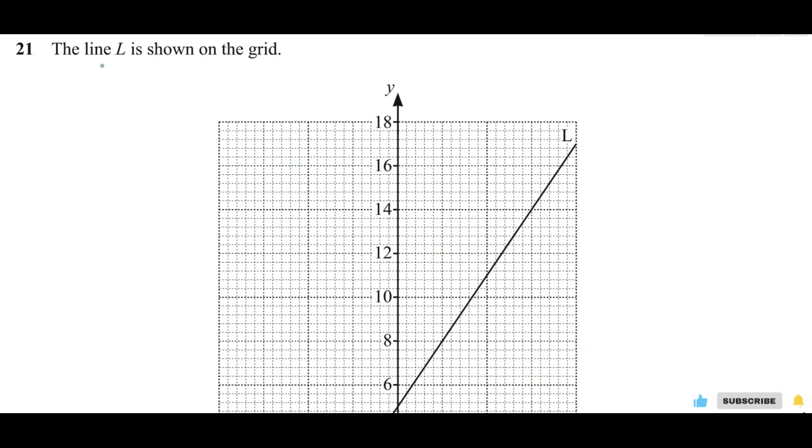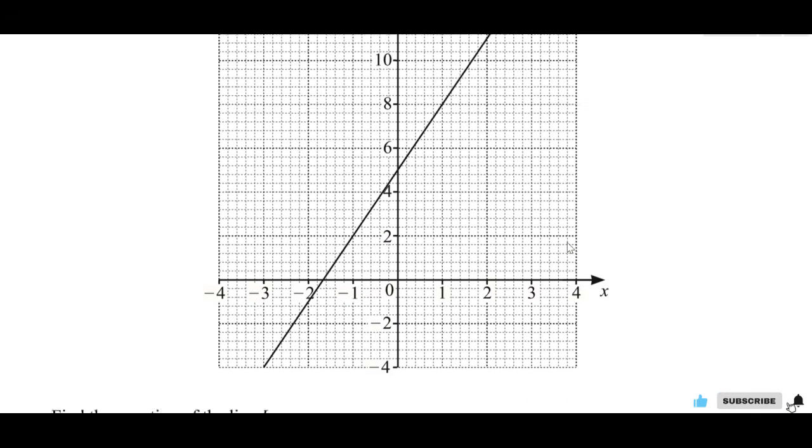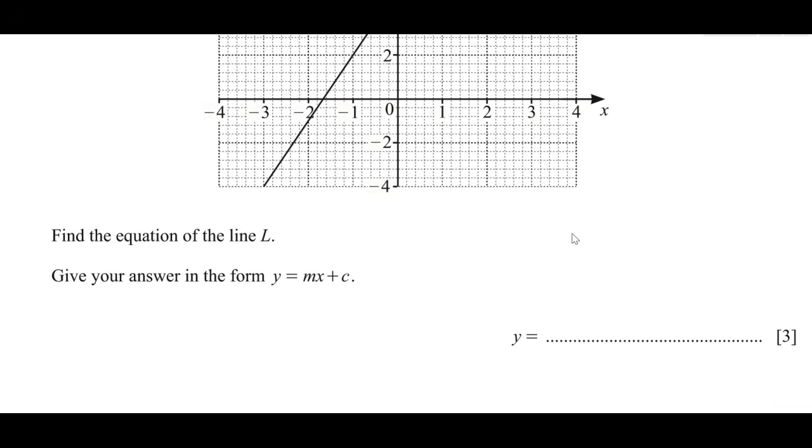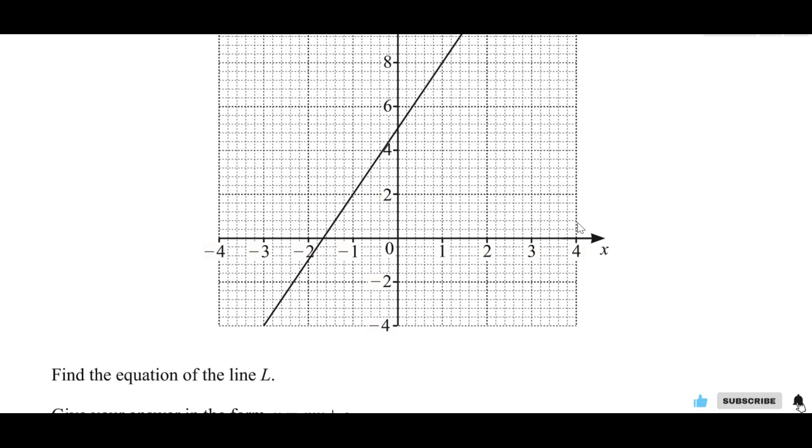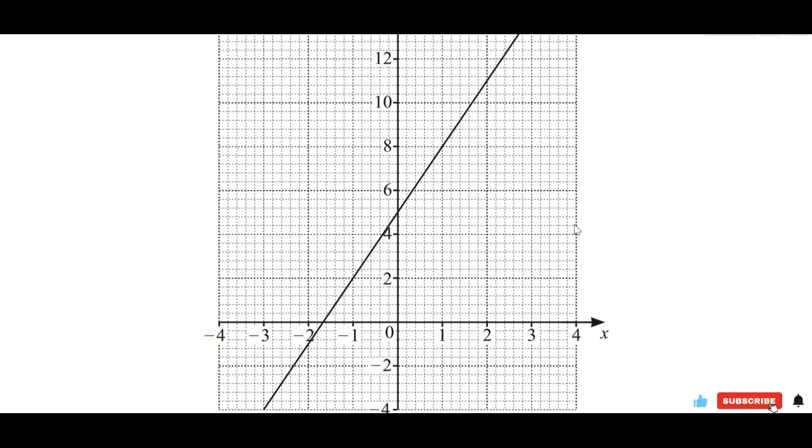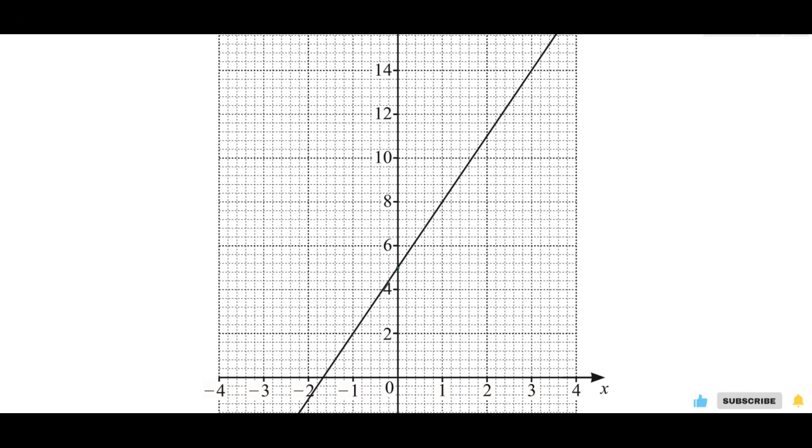Question number 21, the line L is shown on the grid. So you can see the line L, right? Find the equation of the line L. Give your answer in the form y equals mx plus c. So first figure out c, which is the y-intercept. What is the y-intercept? Here it is hard to figure out the y-intercept.